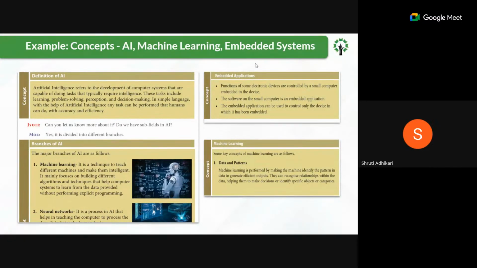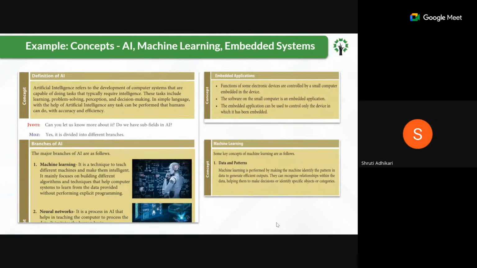AI is a must nowadays. Students should know what AI is, right? So in our computer science textbook, which we are providing to the school, we have added AI chapters specifically for grades 7 and 8. First, they should know what AI is and the branches of AI. So these are the concepts they are studying in computer science about AI, right?